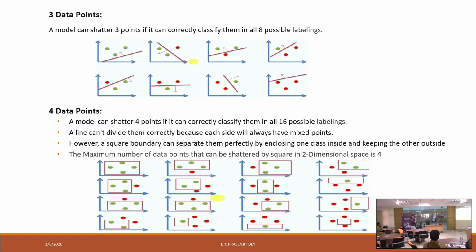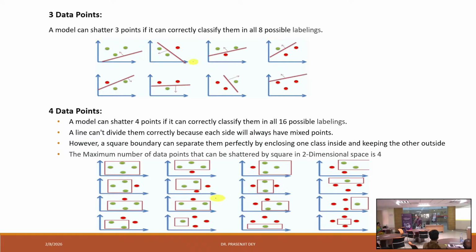You can separate, as you can see in this picture, it is perfectly possible to separate 3 data points using a line. So I would like to say that for any classifier which draws a decision boundary, if there are 3 points, it can correctly classify them in all possible ways.